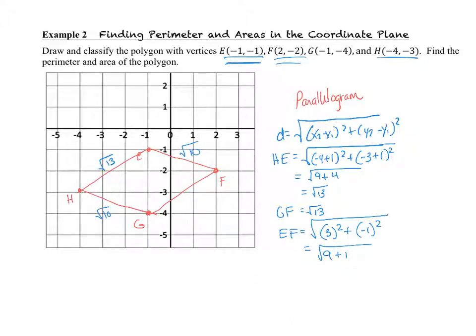Radical 10, radical 13. So for the perimeter, we add up all the sides. So we have 1 radical 13 and 1 radical 13, which is 2 radical 13s, plus 1 radical 10 and 1 radical 10 is 2 radical 10s. So that is the perimeter.